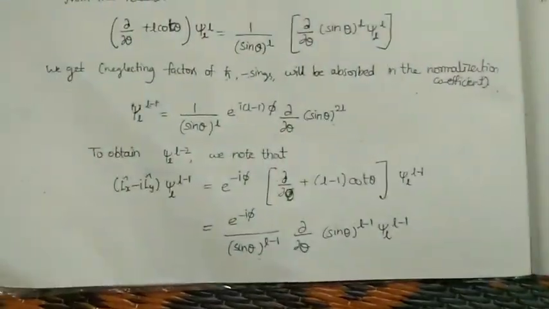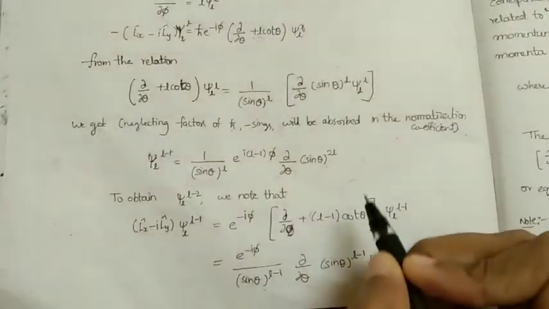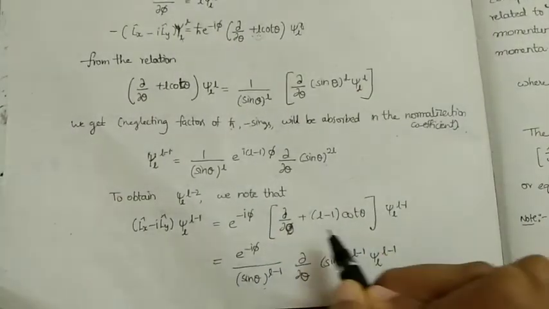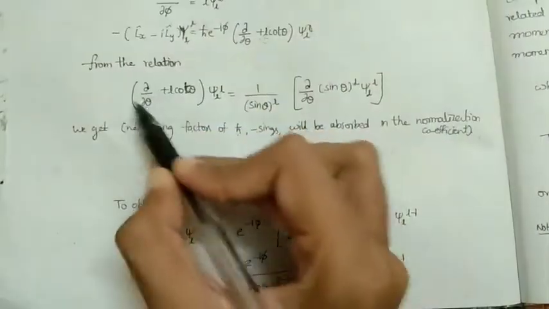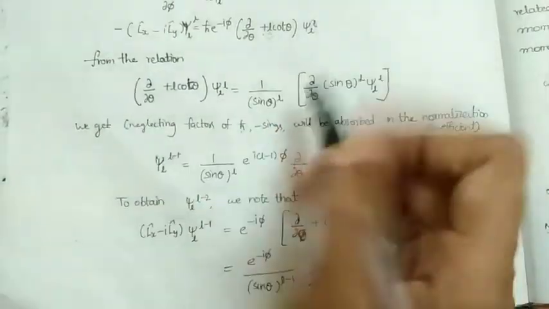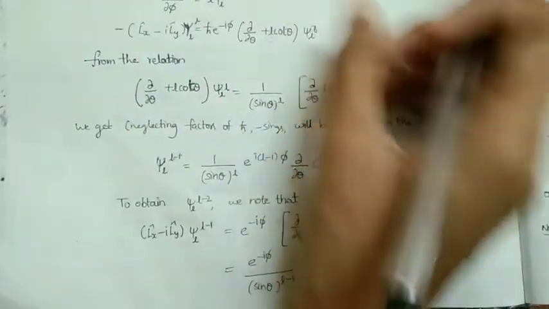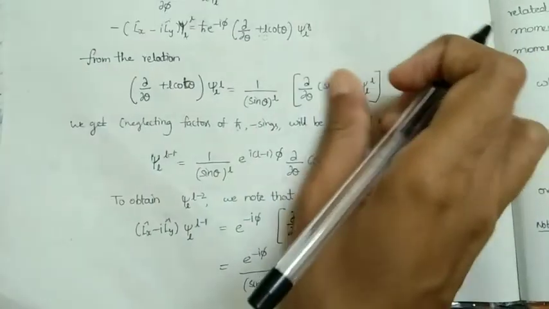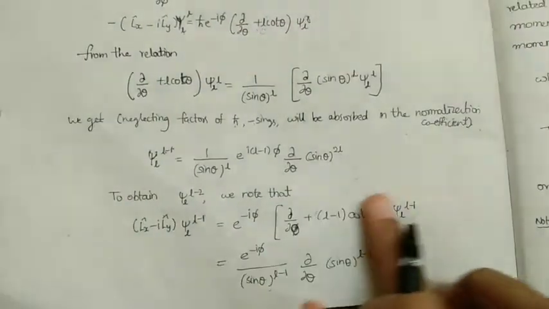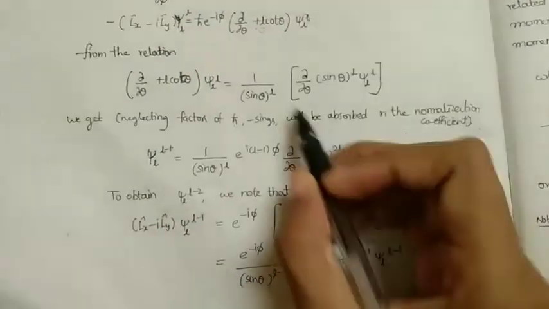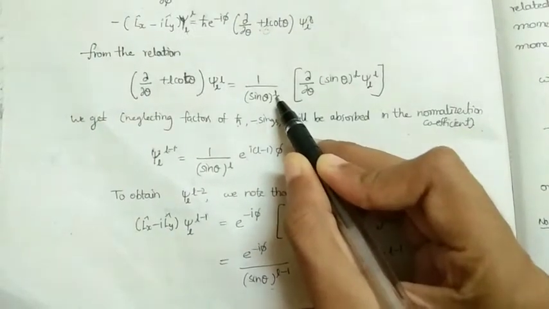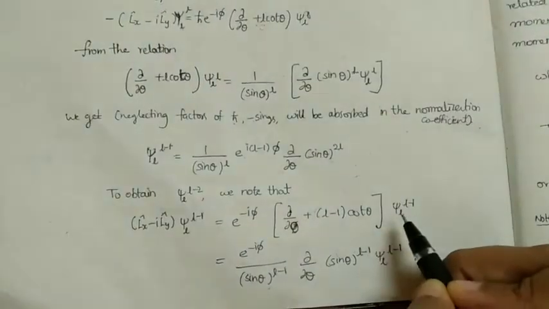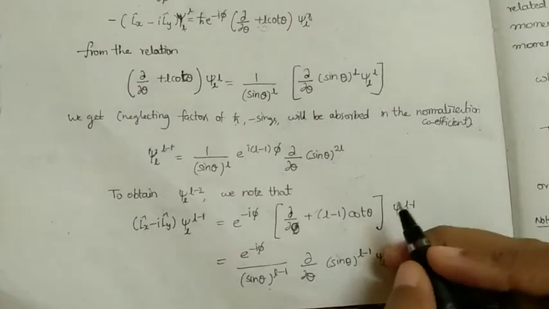Again in the place of this we have to replace this term, same as the procedure we have followed. This entire term is replaced with this term. So in the place of ξ_L^L here we are having ξ_L^{L-1}, with L minus 1.